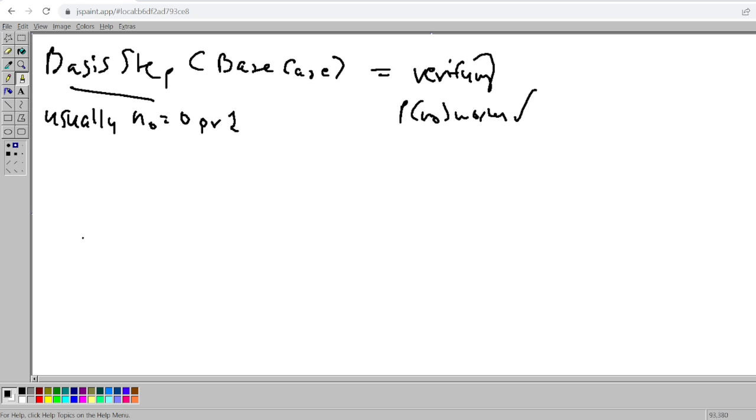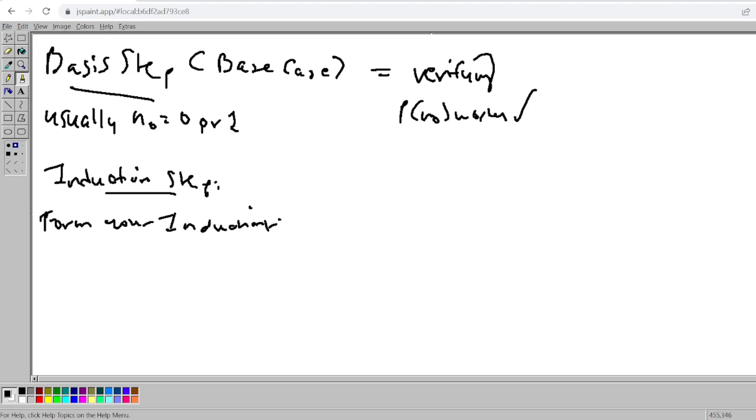Cool. We do that, then we move on to the induction step, which has a little step inside of it called forming your induction hypothesis, the IH, as it's lovingly referred to.